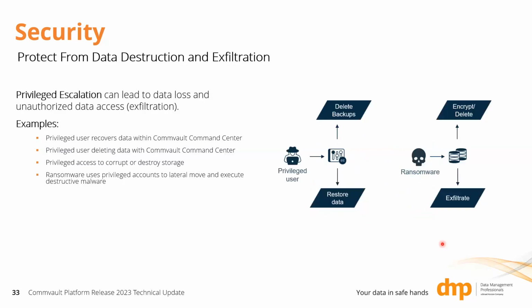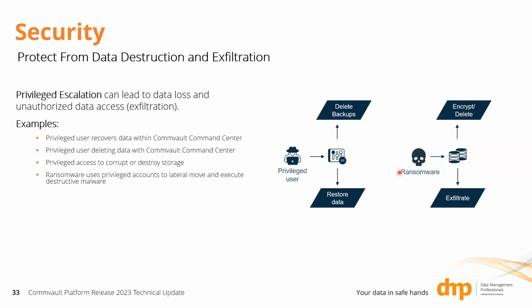That is, for example, for the privilege escalation. So if a user gains access to your environment, what can be done, for example, is that when that user logs into the command center and multi-person authentication is not enabled, they can start deleting backups. They can start restoring data to steal the data from you.